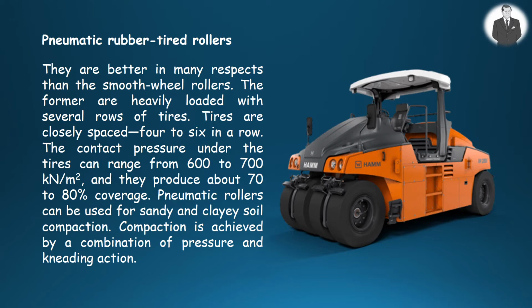The contact pressure under the tires can vary from 600 to 700 kilonewton per square meter, and they can produce about 70 to 80% coverage. Pneumatic rollers can be employed for sandy and clay soil compaction, and the compaction is accomplished by a combination of pressure and kneading action.